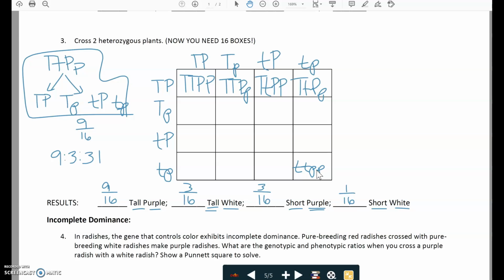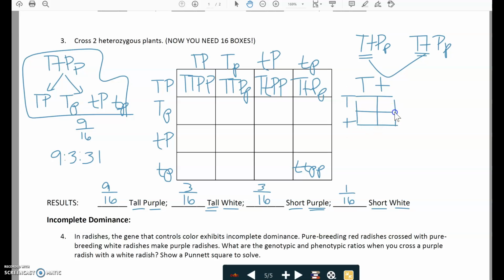So you could memorize that, to be honest, if it was this specific cross. The other thing you could do is use the product rule, and this is where the product rule would really come in handy. Because if you're crossing this, and you've got to do 16 boxes, you could shorten that up a lot. So if we just cross our T's, now we're just doing our regular Punnett square, we're going to get a 3/4 chance of tall and a 1/4 chance of short, right? 3/4 tall, 1/4 short. If we do our P's, we're going to get the same thing.